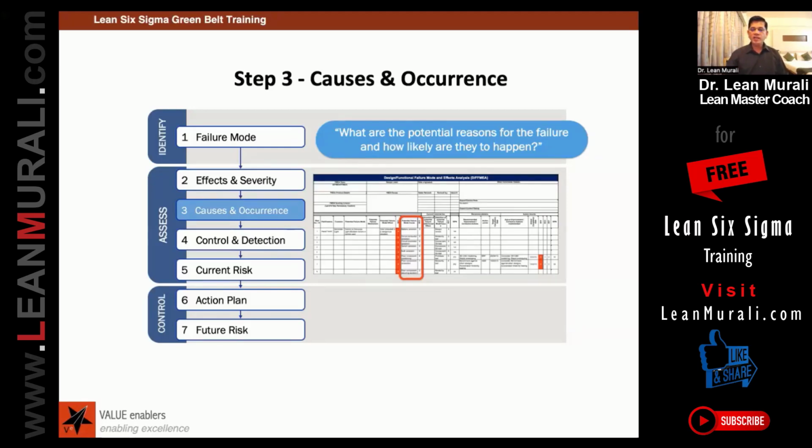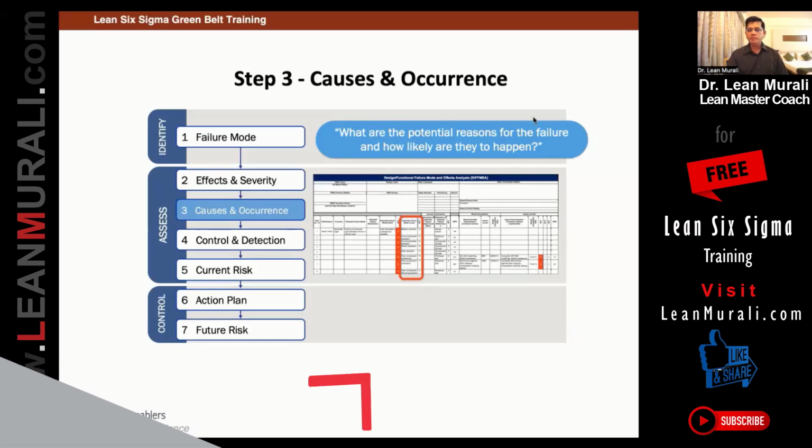Because people make a mistake of identifying based on the effect, okay? Causes are related to failure modes. So what are the potential reasons for the failure? And how likely is the word there? Or what frequency do they happen?